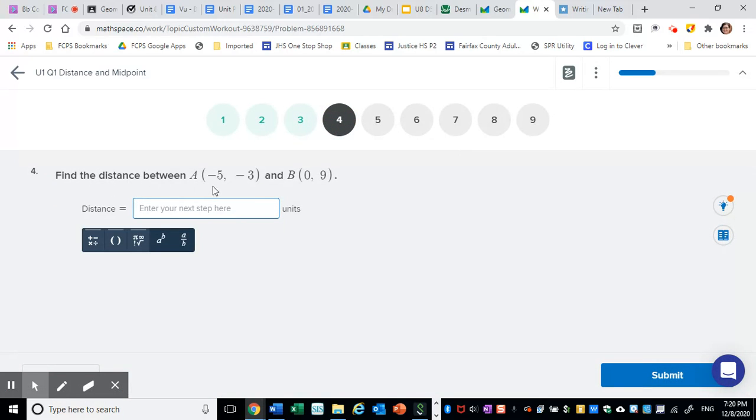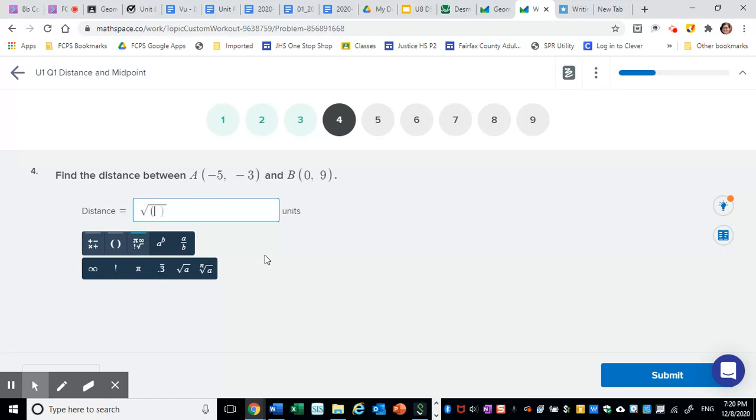Find the distance between, all right? So I'm going to type it here. So again, the distance, you use the formula, right? The formula says it would be square root of what? X1 minus X2, right? X1 is, I could go 0 first, right? Minus what? -5.